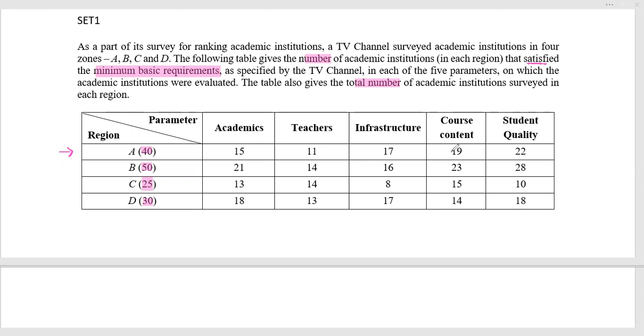To understand that, consider a classroom, only for region A. Let's say there are 40 students sitting. These are the 40 institutions. And I have a bowl of chocolates.